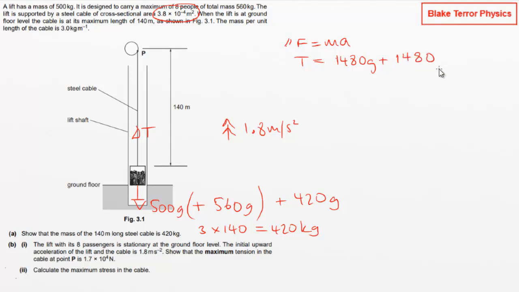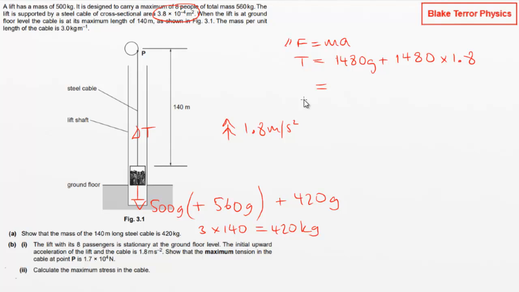So 1480, what was our acceleration? 1.8. So just sticking that into the calculator, we've got 1480 times 9.81 plus 1480 times 1.8. I mean, I suppose you could have factorized that, if you'd wished.